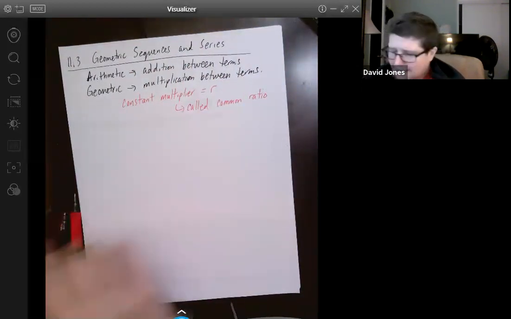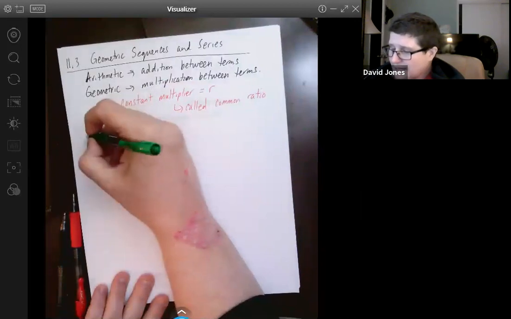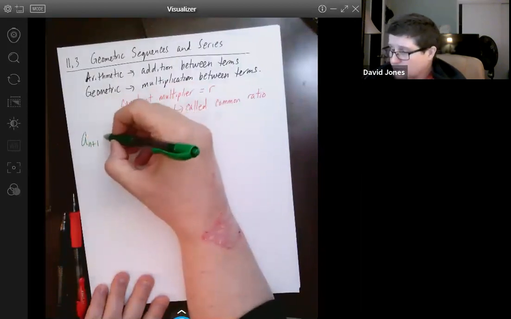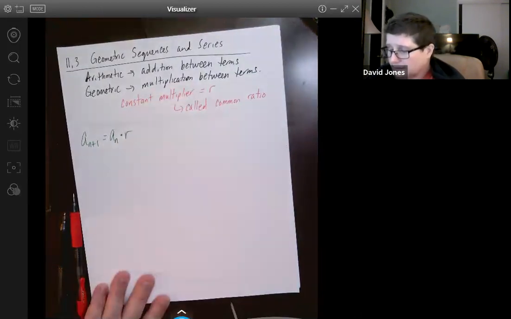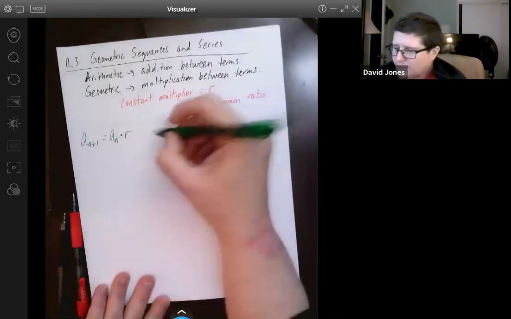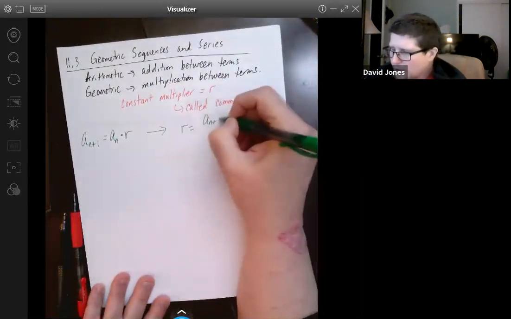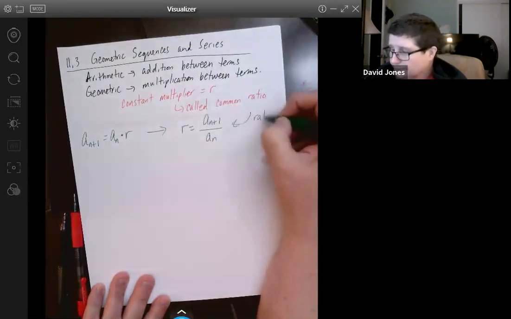Why is it called that? Well, if it means multiplication between consecutive terms, this means a sub n plus 1 is really a sub n times that multiplier r. And if you divide both sides by a sub n, you're going to see r equals a sub n plus 1 over a sub n. And that's a ratio.